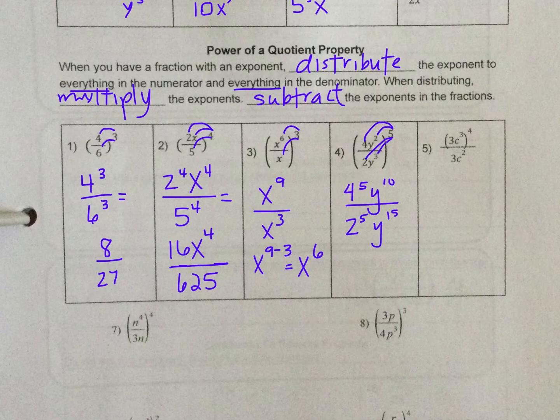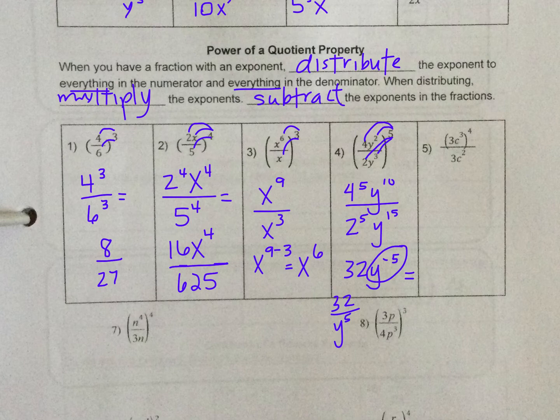All right, 4 to the 5th over 2 to the 5th is, if you type that in your calculator, it comes out to be 32. And then I've got y, 10 minus 15 is negative 5. That's illegal. So I got to circle that part. So the final answer on that would be 32 stays on top and y5 goes to the bottom.